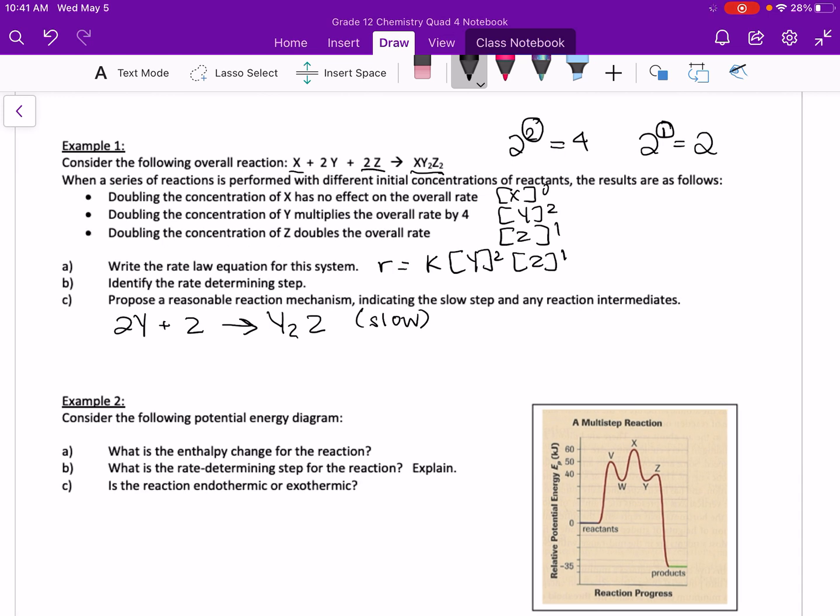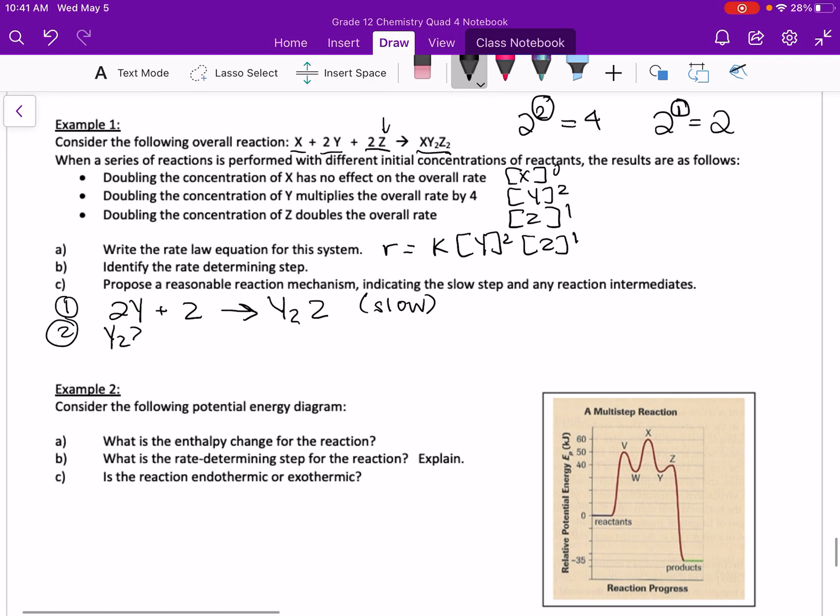Right now I've only used 2y and 1 z. So I'm going to react my intermediate in my next elementary step. And I'm going to add another z so I can get my 2 z's that I need. And this will give me y2z2. And this will be a fast step because we already had our rate determining step.